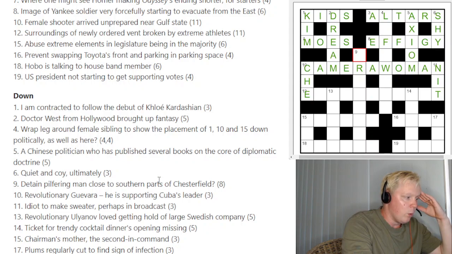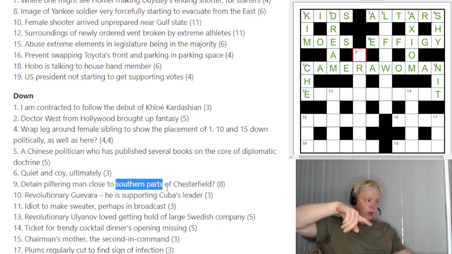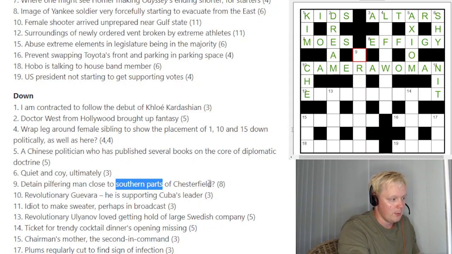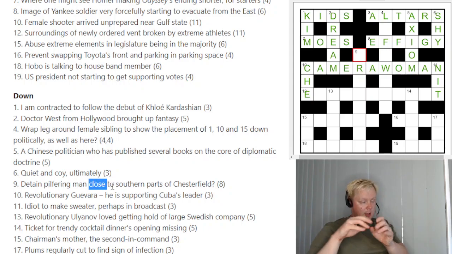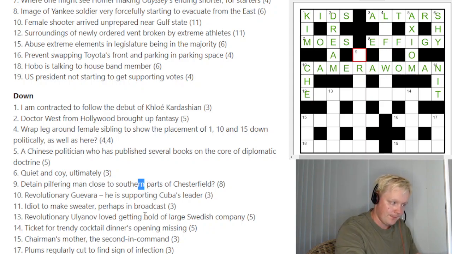So what kinds of indicators do we have here? Well, southern parts of: we are in a down clue, so a southern part of a word could be the end, or southern parts could be this L and the D. Close to could be near, something next to the other, but close can also be the closing letter, the end letter of the word southern.